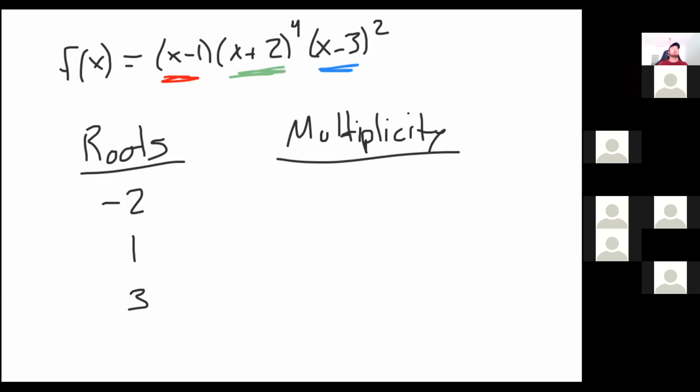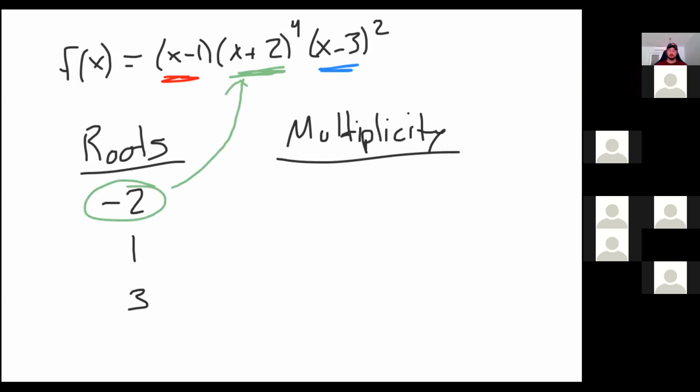All right, and that is just, again, how many times do I see that root appearing? So I look at -2. What is the factor associated with -2? It was this x plus 2. And how many x plus 2s do I have? 4.